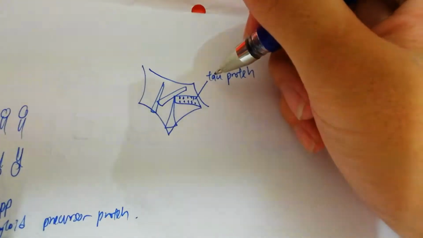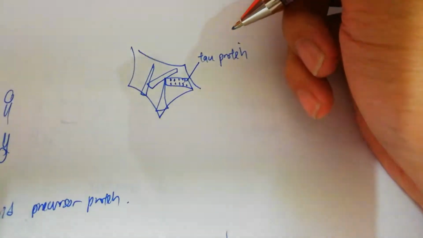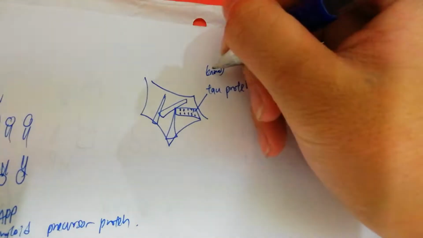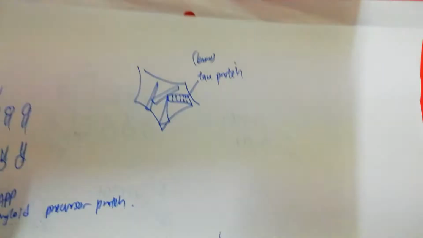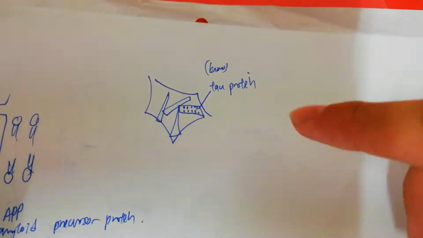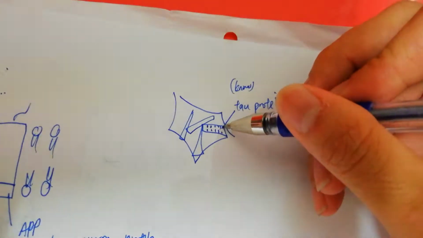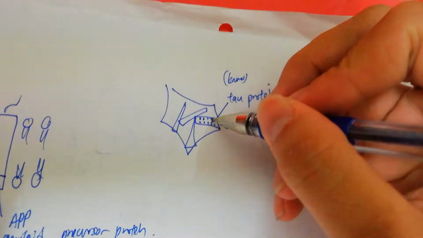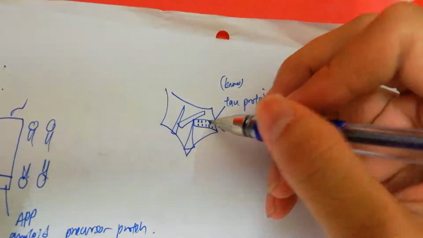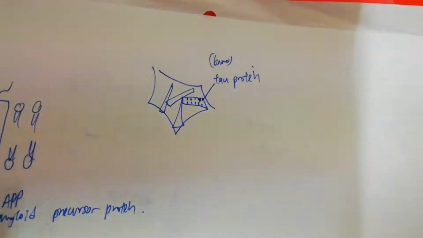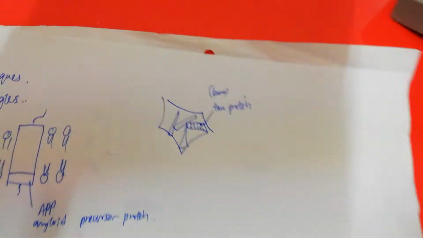Tau in Malay is like 'know', K-N-O-W. 'Tau ke tak tau' means 'know or not', so tau protein. This tau protein helps in maintaining the structure of the whole cell due to the presence of the cytoskeleton.